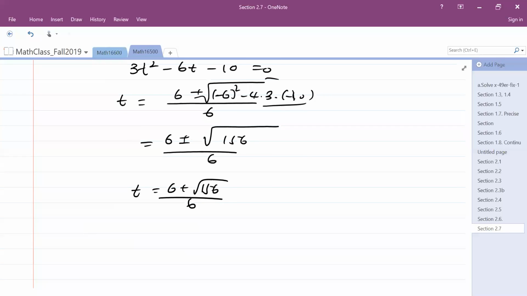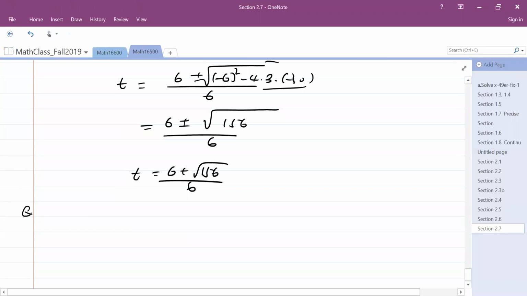Now, the last, okay, let's look at the rate of change. Newton's law of gravitation.